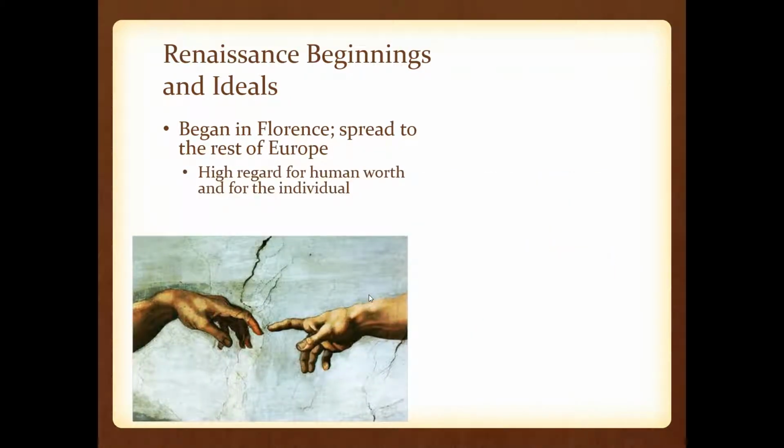And because of the ideas of Florence, because of the tradition of being Romans, having a lot of education, a lot of history and a lot of reverence for the past, they have a high regard for human worth and for the individual.